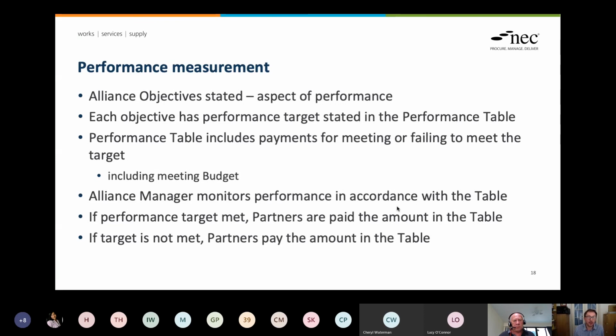And like any other type of KPI measurement, you've got to make sure the measurement is easily measurable. Objective.